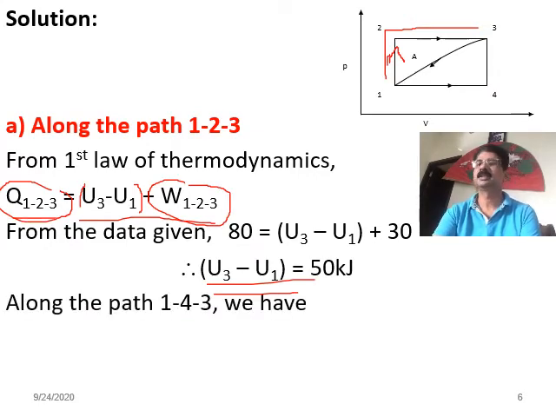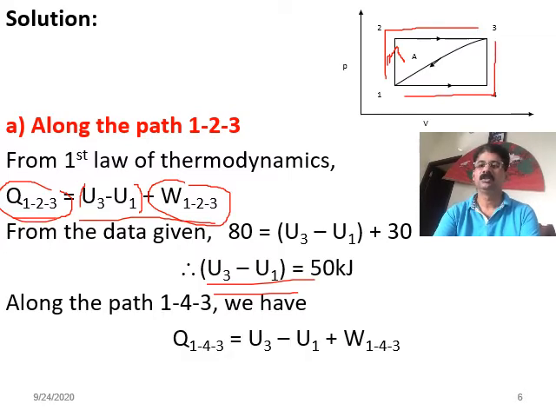Now let us consider the path 1, 4, 3. To write the first law expression for this path, you can write Q143 is equal to U3 minus U1. Like the previous expression, the internal energy change is always a point function, so you write the final value minus the initial value.